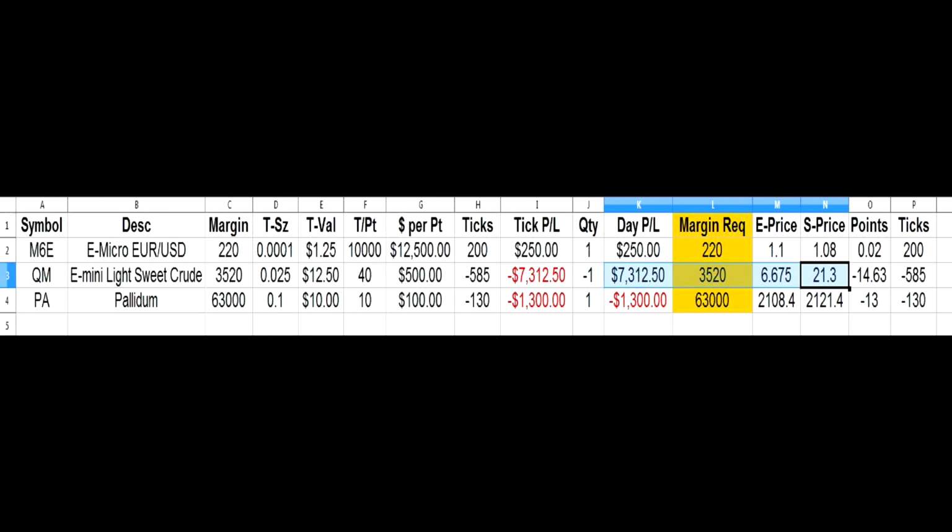So the quantity -1 would mean you're selling this contract short, one contract. If you happen to sell it at $21.30 and then buy back in at $6.675, today you would have made $7,312.50 in one day. Now, that doesn't normally happen because today was a pretty extraordinary day, but I've seen days where $2,000 or $3,000 can be had.